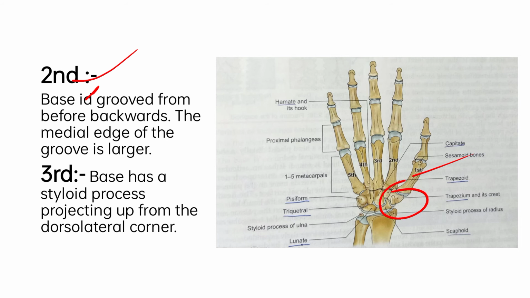Then the second metacarpal articulates with the trapezium. Now you need to understand this. It also articulates with the trapezoid as well, then the capitate and the third metacarpal. So these four things articulate with the second.